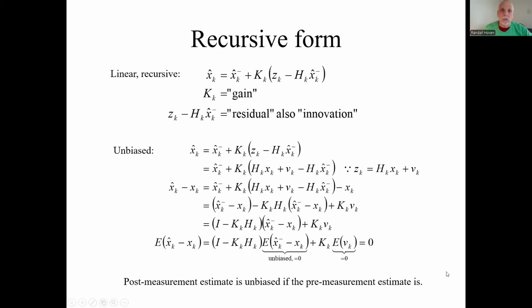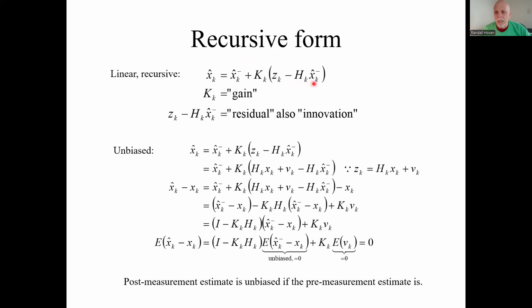And same way here, P is the covariance of the error of our estimate at time K before we actually processed the measurement at time K. Once we process the measurement we get at time K, we get rid of that superscript. Okay, now let's get into our BLUE method. Imposing linearity in a recursive format means it's set up like this. Our estimate at time K is the estimate we had prior to getting the measurement at time K, plus this correction term.